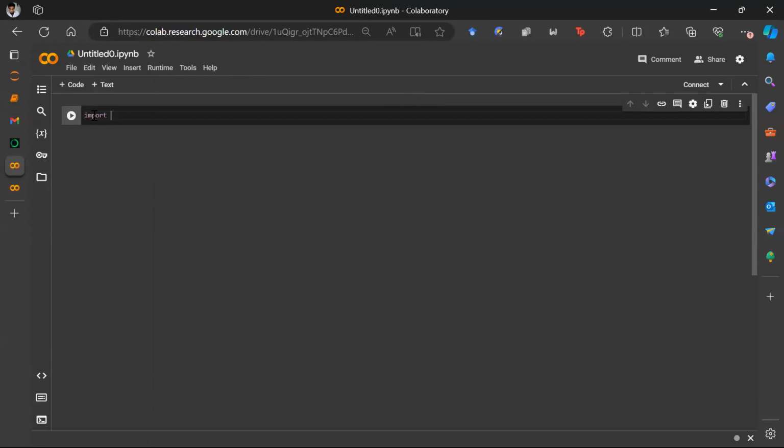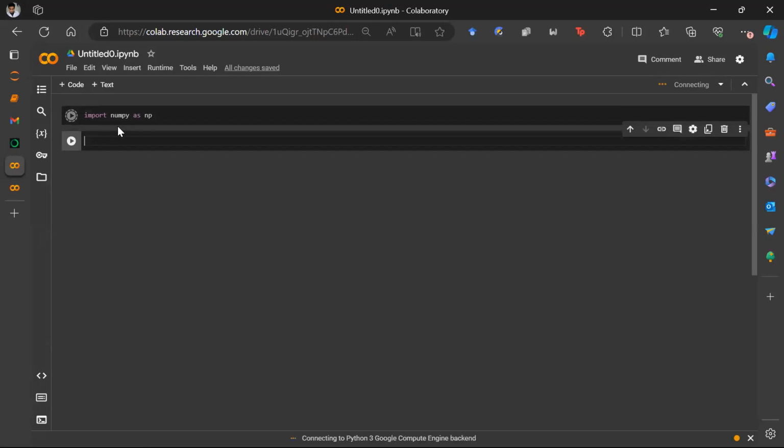One of them is NumPy. NumPy is the library for most of the mathematical functions. Now usually we change the name. We use np. Okay, you press Shift Enter and you import the library.